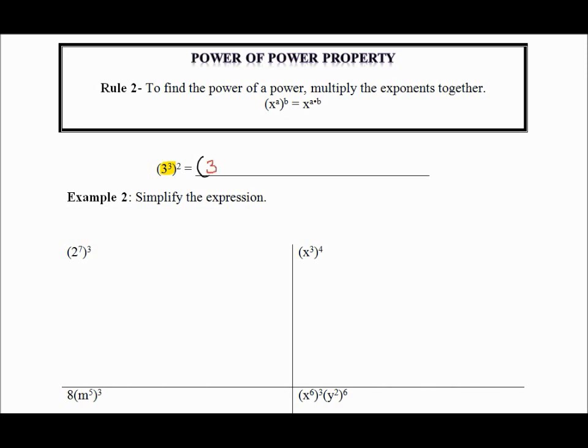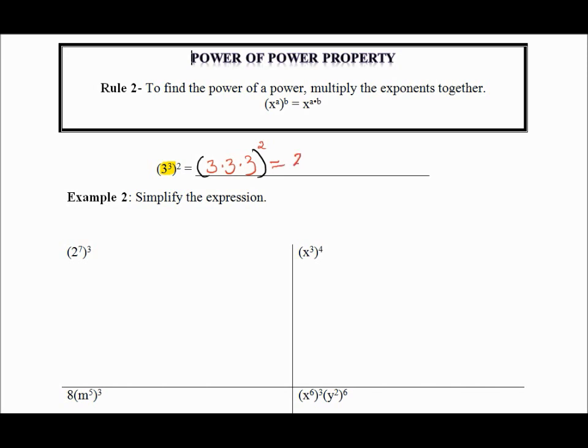That means 3 times 3 times 3. Now all of that was raised to the second power. So I have 3 times 3 times 3, and now I need to raise that to the second power.